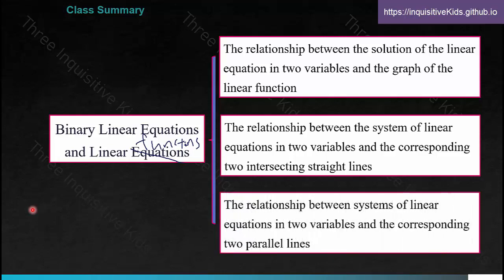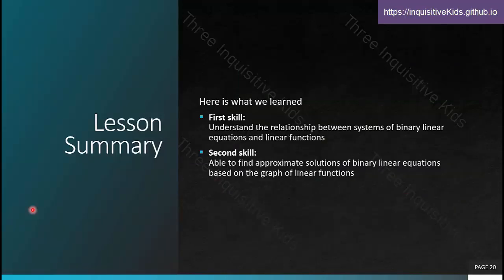But we also learned that sometimes the two straight lines may not intersect and they might just be parallel. Yeah, so those are the three things that we mainly learned today. The first skill is to understand the relationship between systems of binary linear equations and linear functions. And the second skill is to find approximate solutions of binary linear equations based on the graph of linear functions.